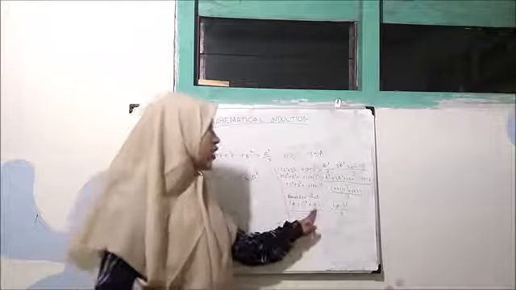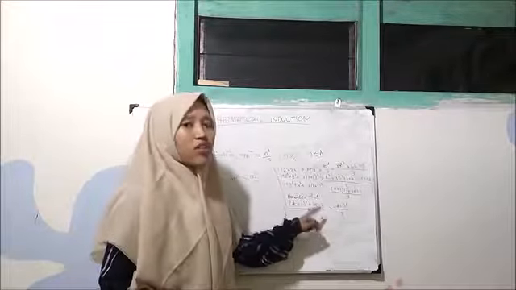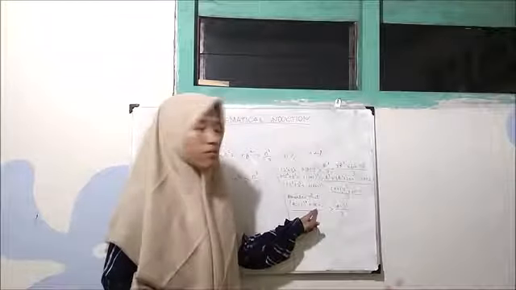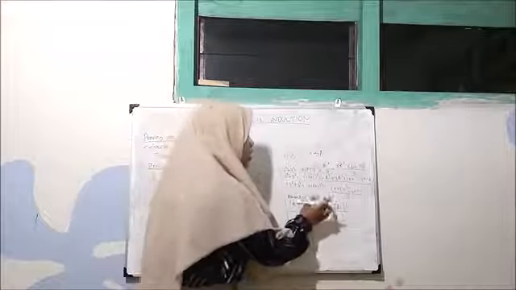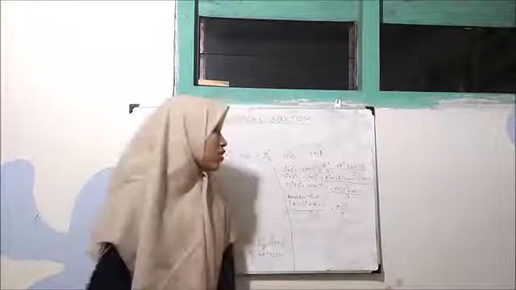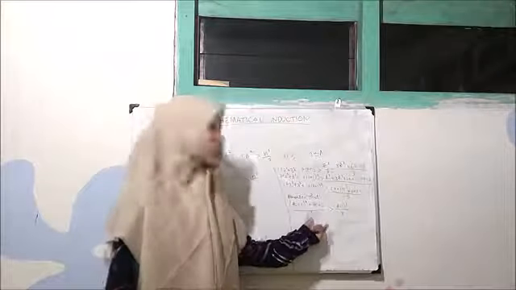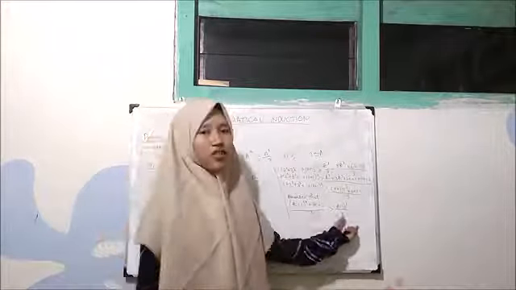Note that k here is a natural number, so it is a positive number, so 3k plus 2 over 3 is a positive number, so this one is greater than this one.